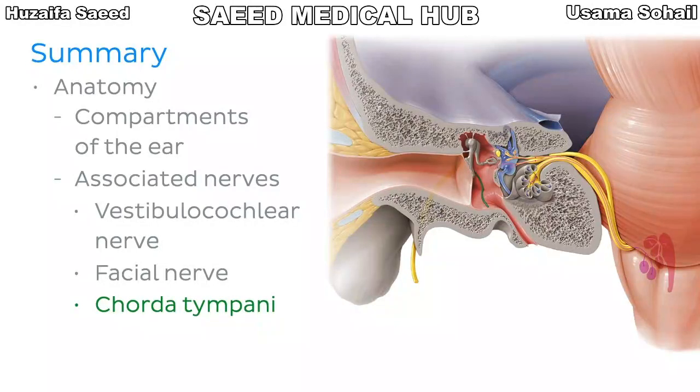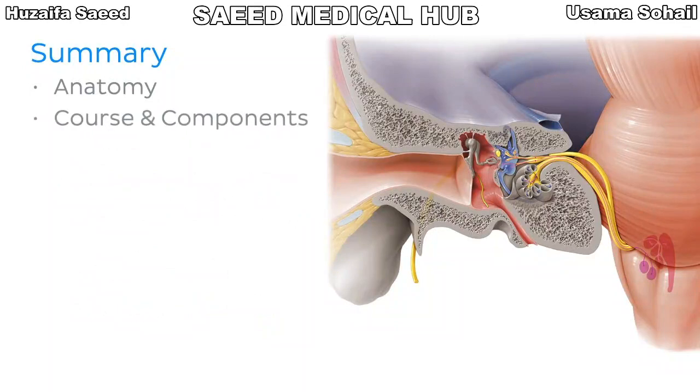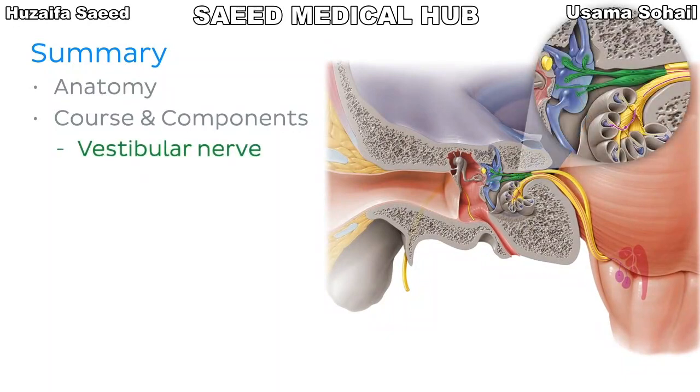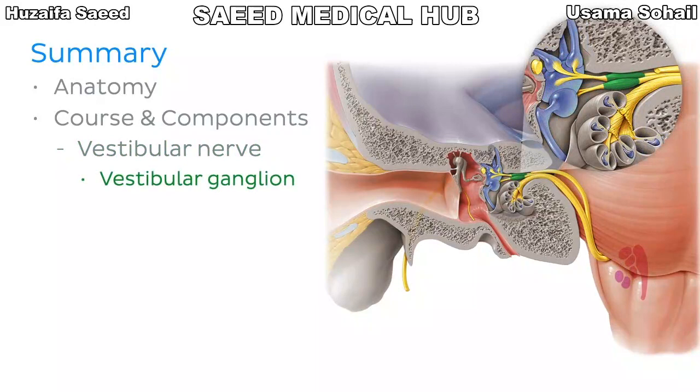The next thing we wanted to talk about are the course and components of the vestibulocochlear nerve. The first component was the vestibular nerve, which is involved with your sense of space. The vestibular nerve begins, if we're going from the CNS to the periphery, with the vestibular ganglion, which contains afferent bipolar neurons. The ganglion can be broken down into 2 parts, an upper and a lower part.